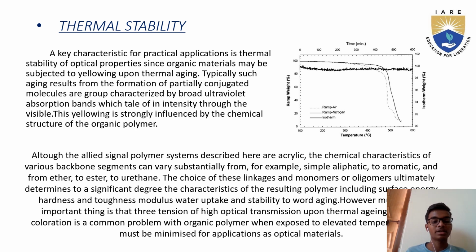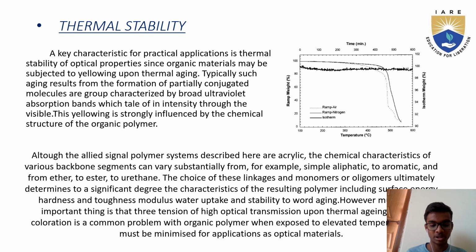Although the Allied Signal polymer systems described here are acrylic, the chemical characteristics of various backbone segments can vary substantially, for example simple aliphatic to aromatic and ether to ester to urethane. The choice of these linkages and monomers or oligomers ultimately determines to a significant degree the characteristics of the resulting polymer, including surface energy, hardness and toughness, modulus, water uptake, and stability to weathering.